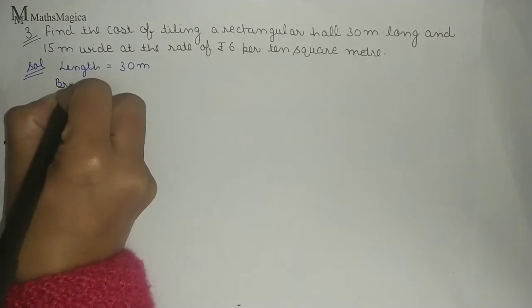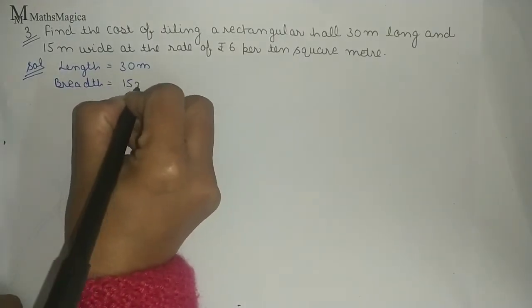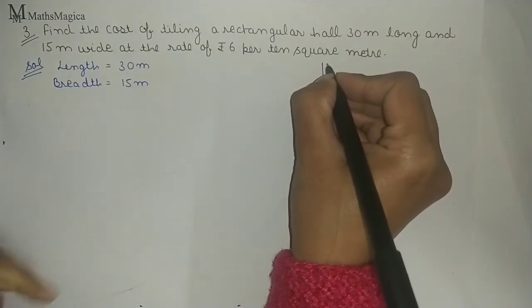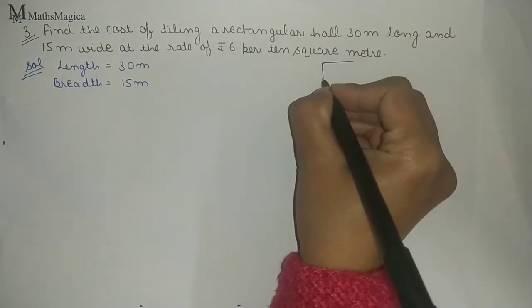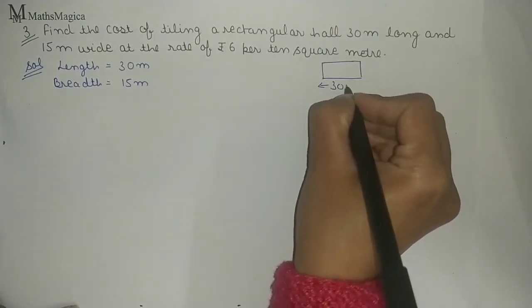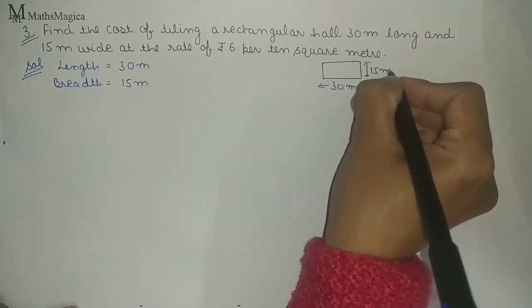Breadth is equal to 15 meter. Length is 30 meter. Breadth is 15 meter.